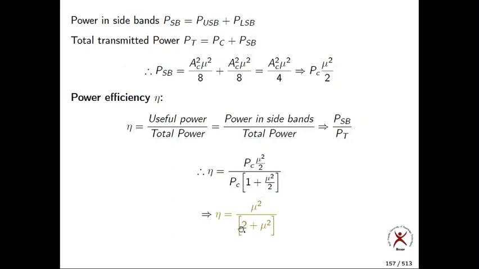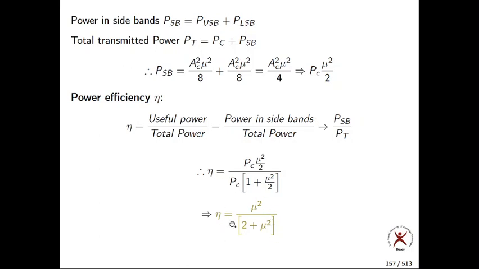This is the power efficiency if the message signal is a sinusoidal signal, that is single-tone AM. Please remember, this is only for a sinusoidal message. This is not the general power efficiency.